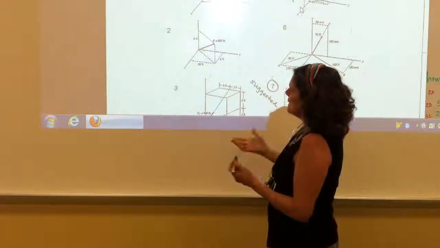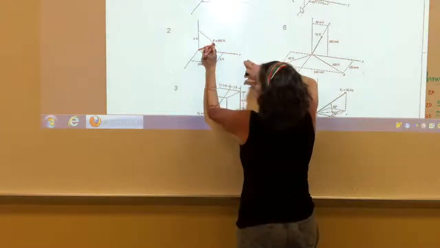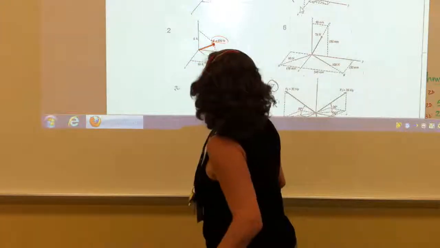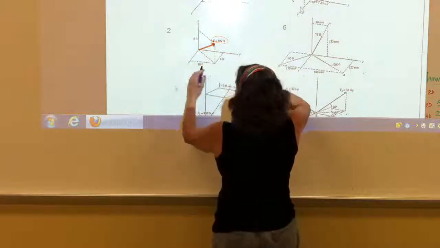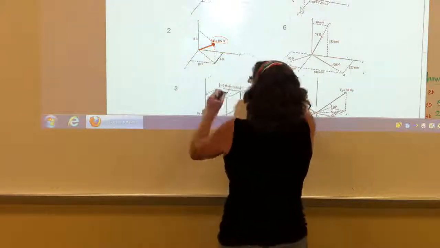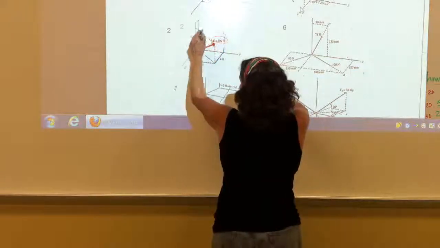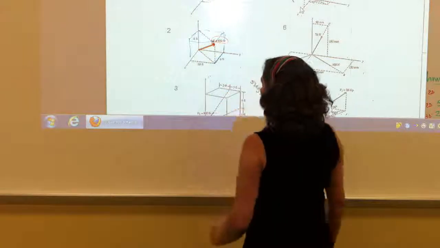But when we look at problem number 2, some people got a little uncomfortable, and it might be best to actually draw your box. So here's your force of 600 pounds, and if you want, you could draw your box. Here is going up, here is 600. We could draw it going up here. And here's my box.